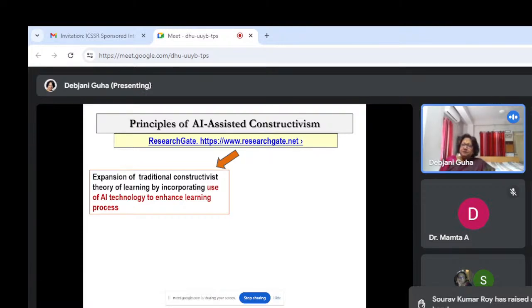I repeat, this AI-assisted constructivist theory will be mainly an expansion of traditional constructivist theory of learning, which will incorporate the use of AI technology to enhance the learning process.